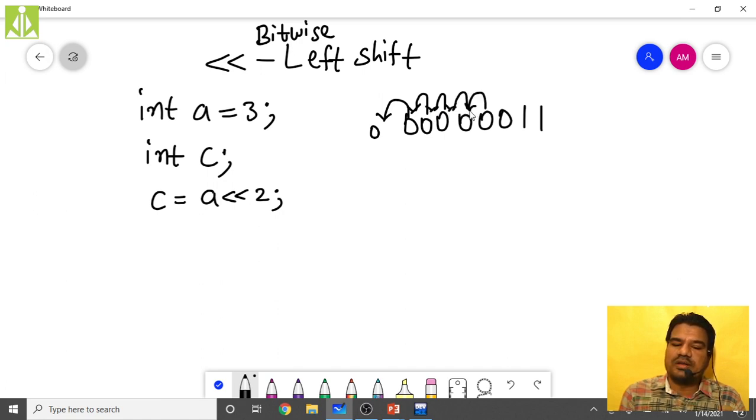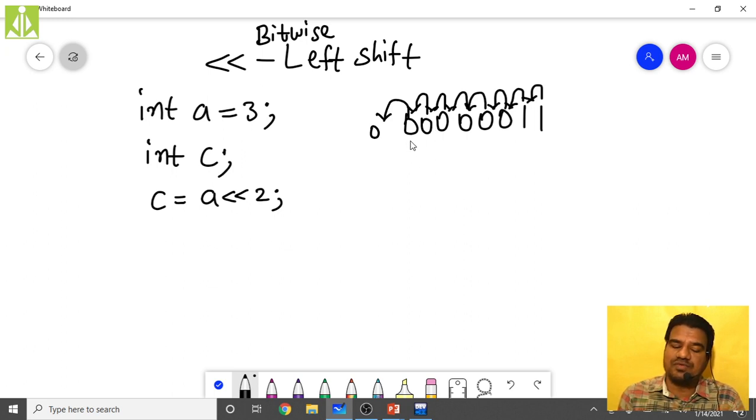Likewise, all bits will be shifted towards left. The places will be fixed. You have to remember this: the places will be fixed, only the bits will be shifted.